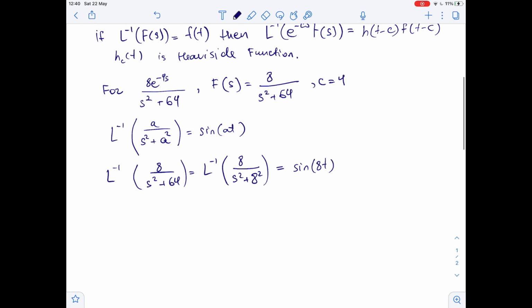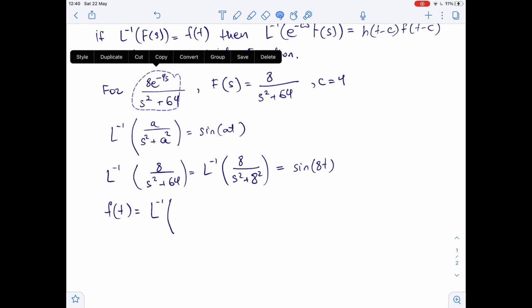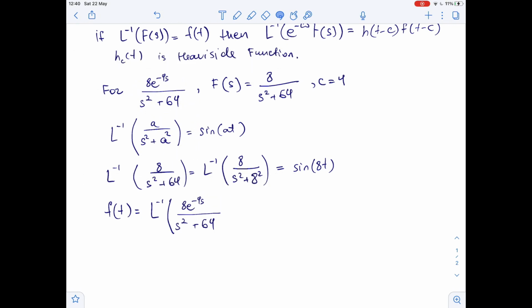Great, so that means that our function f(t) is equal to the inverse Laplace transform of our initial function F(s), this one, and it's equal to h(t minus 4).